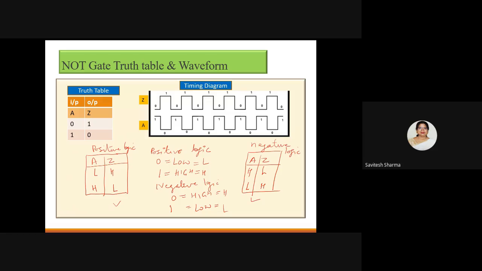If you are using positive logic, you see one truth table; if you are using negative logic, you see the other.